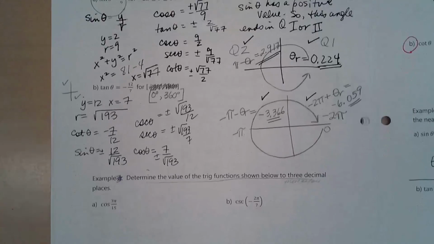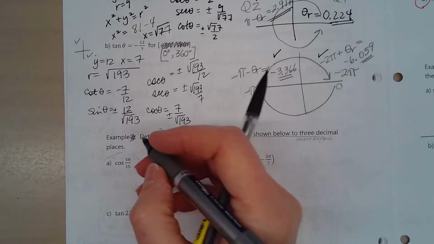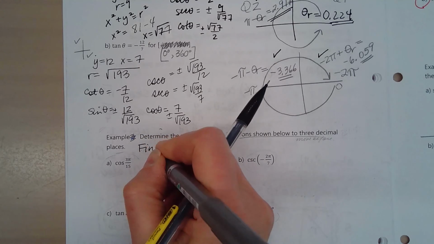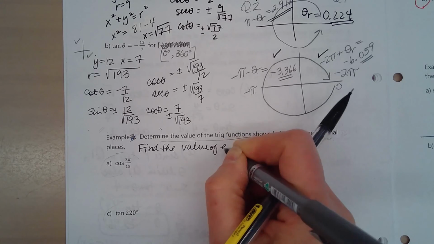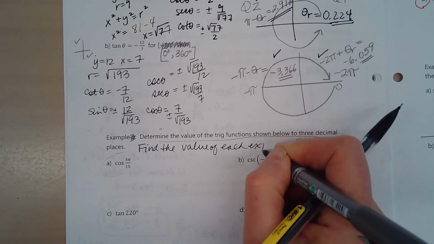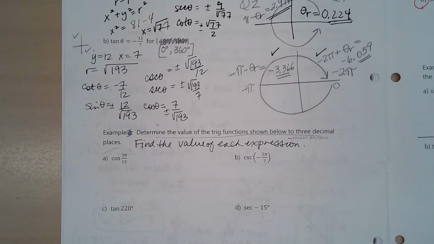To qualify as an equation, you have to have a left-hand side, a right-hand side, and an equal sign. These are just expressions, right? So all you're doing is finding the value of each expression. You're just typing it into the calculator. You're not solving for anything. There's nothing to solve for.